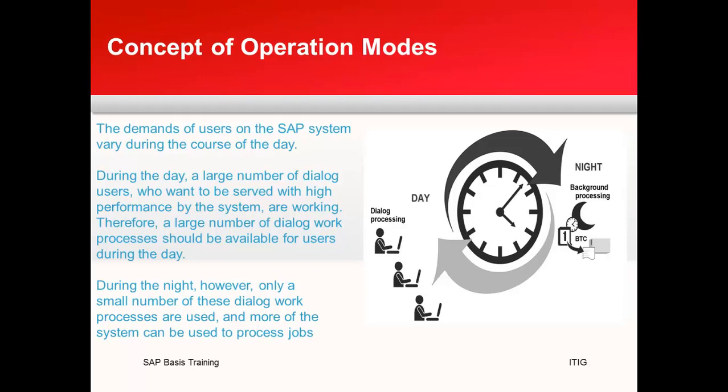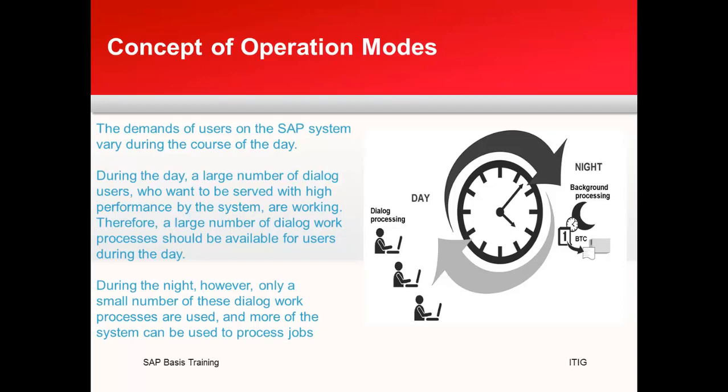So in a nutshell, we need more dialog work processes during daytime and more background work processes during night time. So how do we address this problem? Basically, we want to utilize the system optimally so that the system is fully busy during its daytime, serving more dialog users with the dialog work processes, and at night time it should also be fully busy.